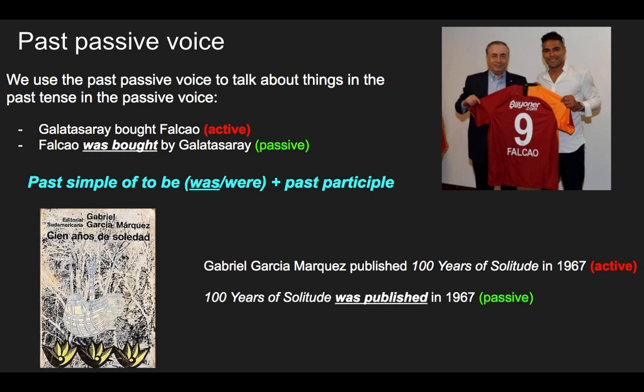Gabriel Garcia Marquez published One Hundred Years of Solitude in 1967. This is active voice. But if we want to focus on One Hundred Years of Solitude, we change it to the passive. One Hundred Years of Solitude was published in 1967.